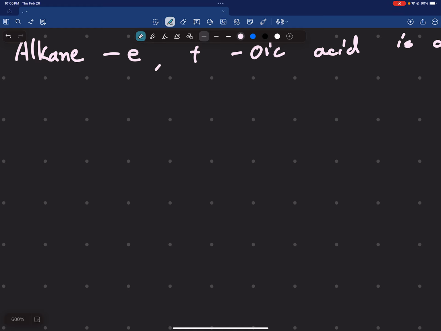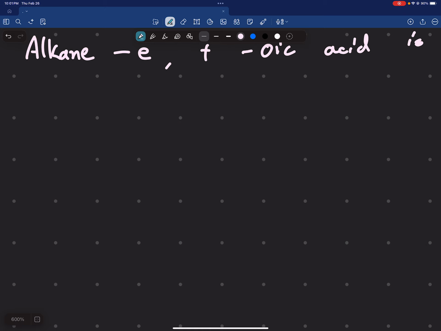If the compound contains a carbon-carbon double bond or a carbon-carbon triple bond, you will change the infix from AN to EN or YN, just like normal alkenes and alkynes. So let's say we have acrylic acid. It's just a double bond here.